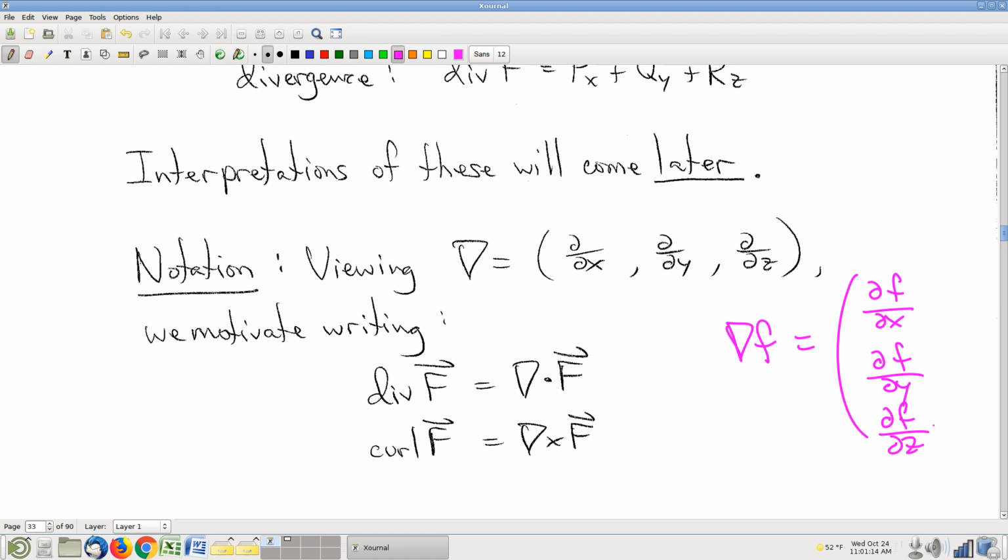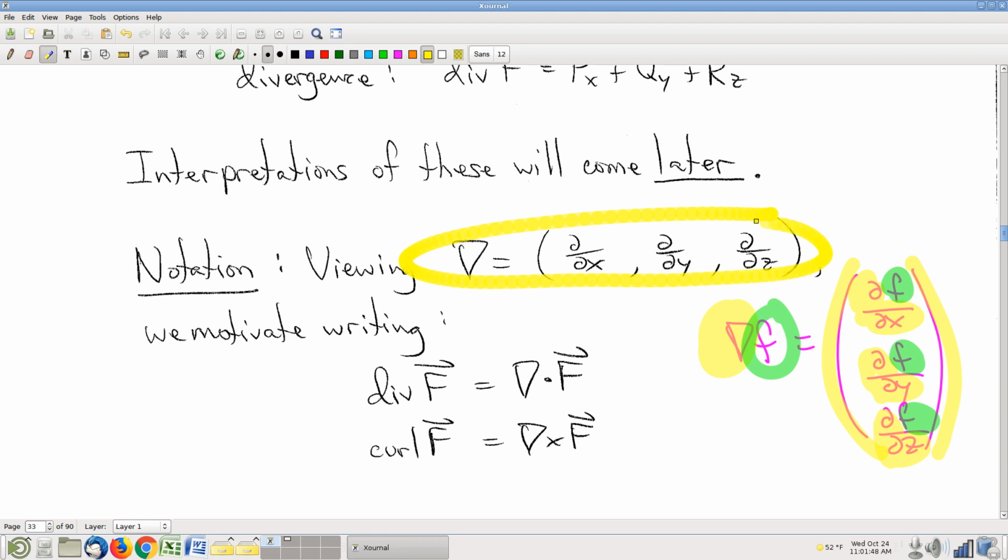The idea is to say, well, this thing here is the thing that you are doing to that function f. What are we doing to this function f? Well, we're taking three partial derivatives and making a vector out of it. So the act of taking three partial derivatives and making a vector out of it is what we view that symbol as representing.